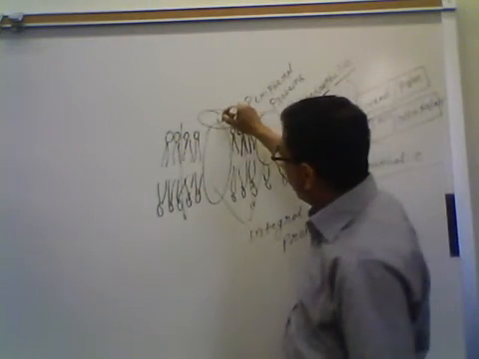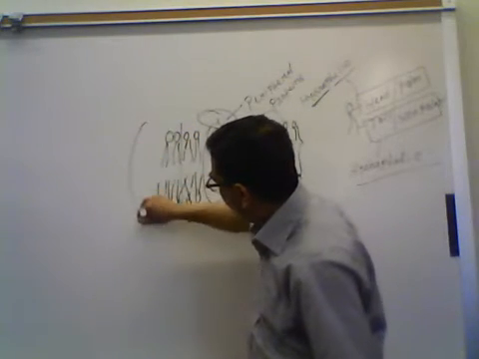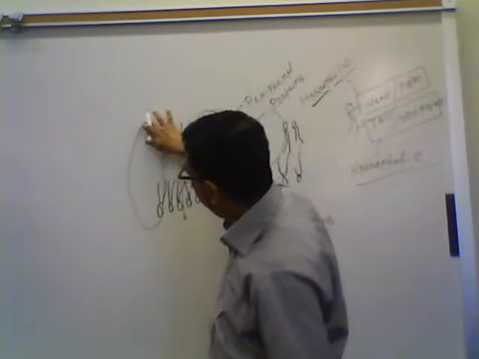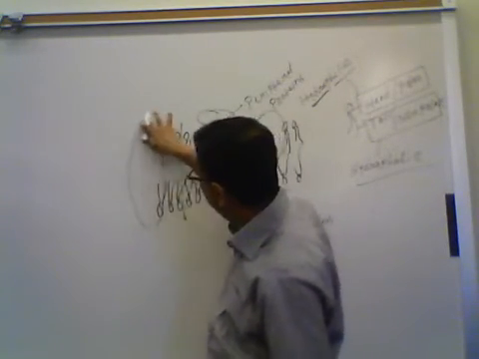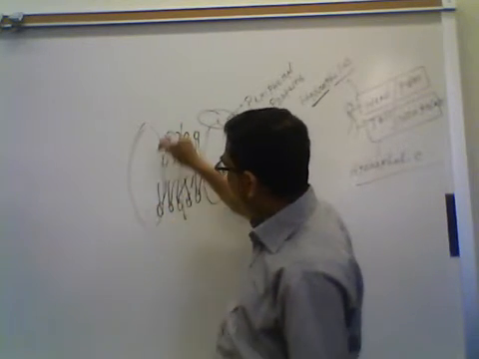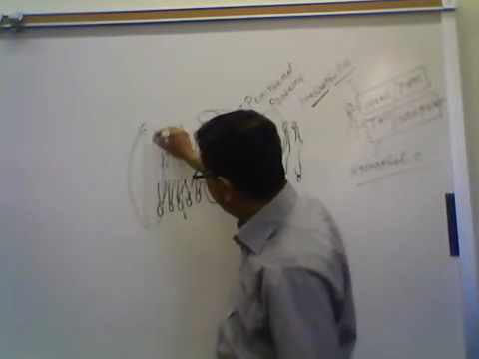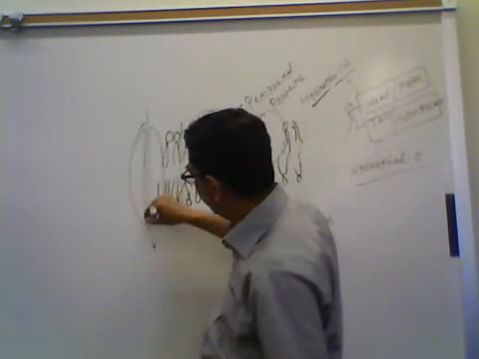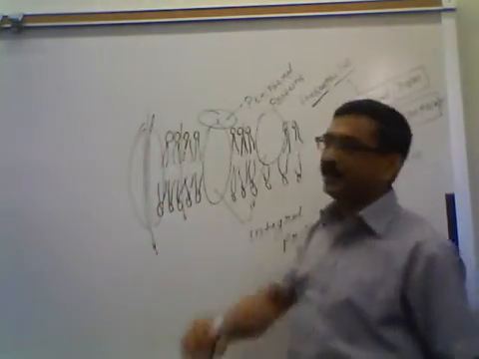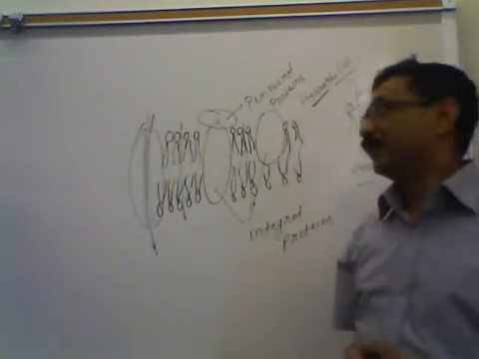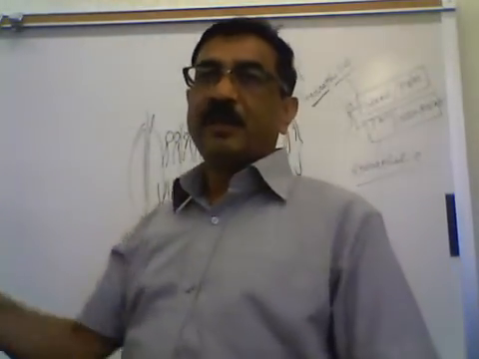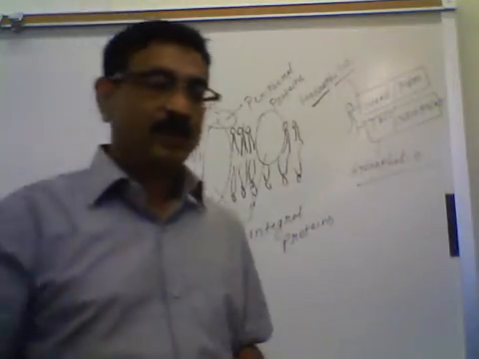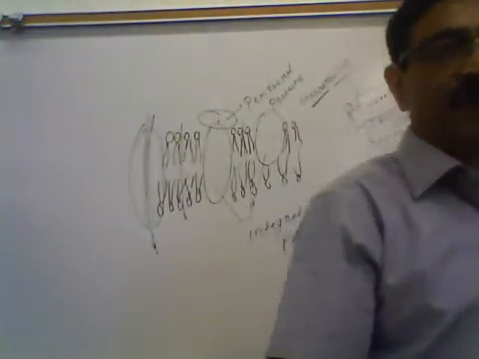So what happens? Some integral proteins have channels like this, and through those channels water and water soluble molecules can get in or out. So you see integral proteins help in transportation of the chemicals in and out.